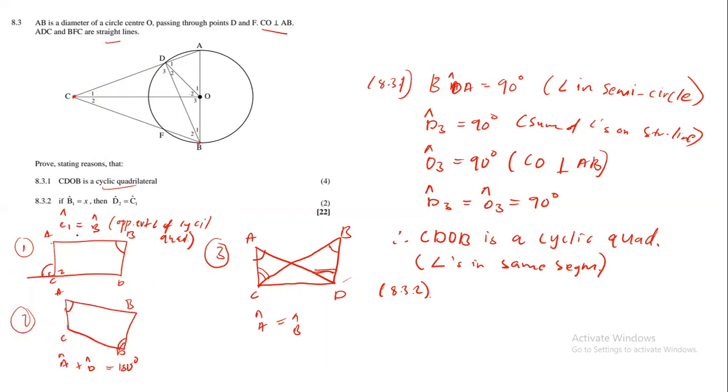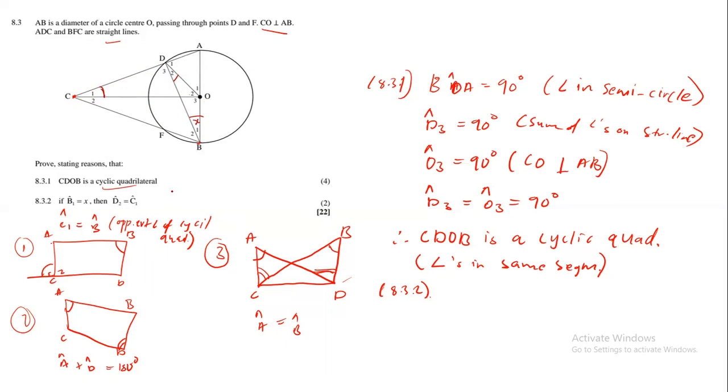So now they say to us, if B1 is equals to X, where is B1? Here is B1. Remember, we have proved this is exactly a cyclic quadrilateral. This is X. Then D2 is equals to C1. Where is D2? You are told that D2 is equals to C1.